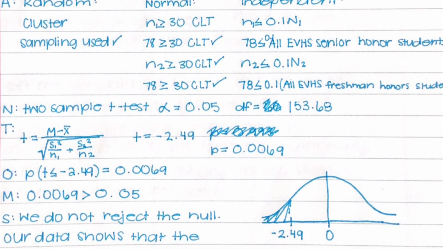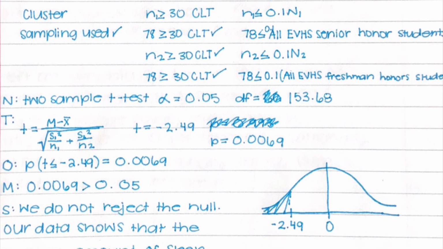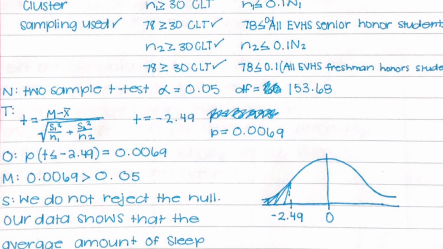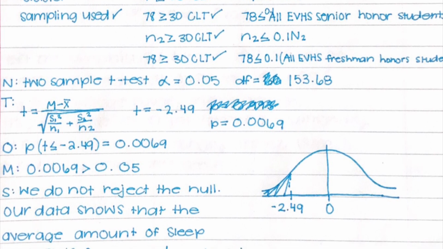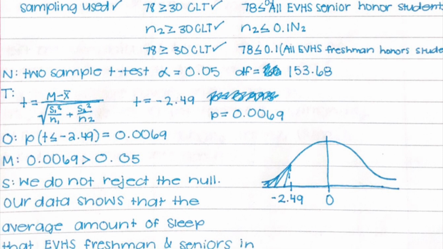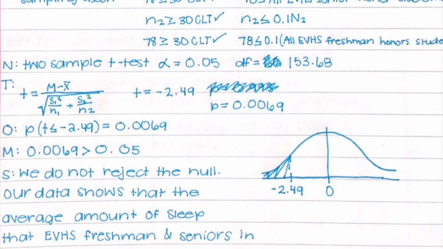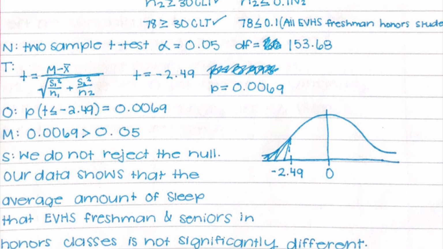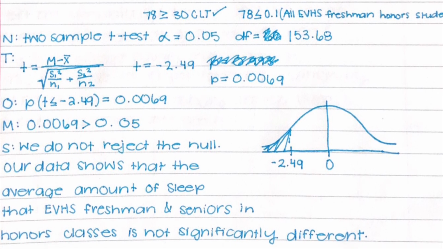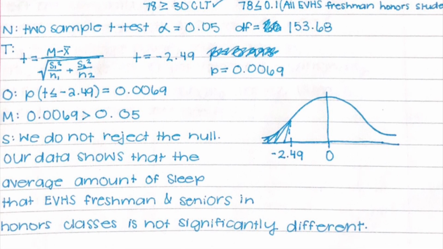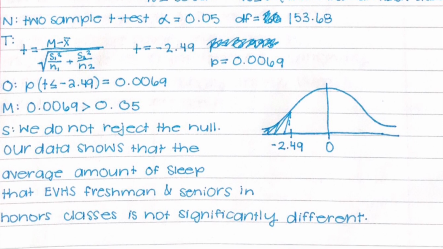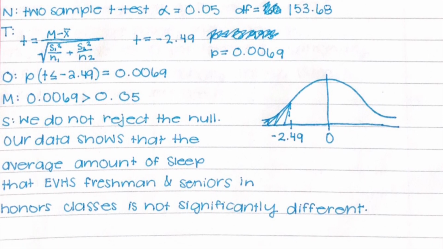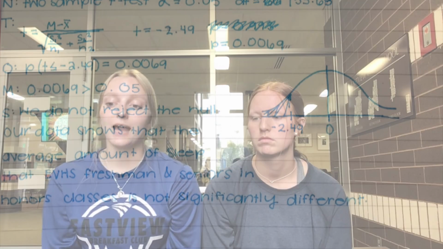For our test, we got a t-value of negative 2.49, which gave us a p-value of 0.069. This showed us that 0.069 was greater than 0.05, which results in us not rejecting our null hypothesis. We do not reject the null.